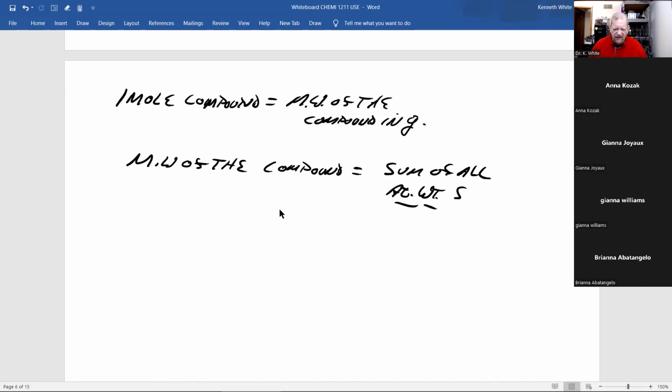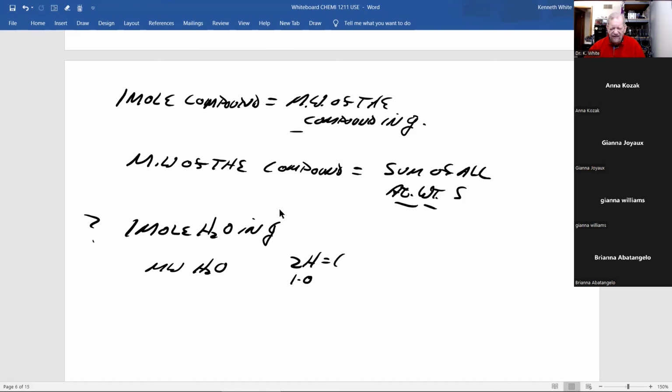WT., all atomic weights. So if I want to know what 1 mole of water weighs, how do we do that? Well, it's the molecular weight. What's the molecular weight of water? Two hydrogen, 1 oxygen.